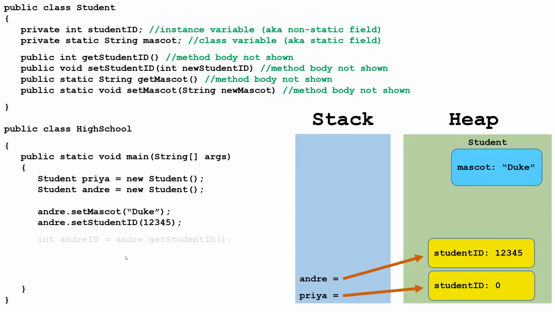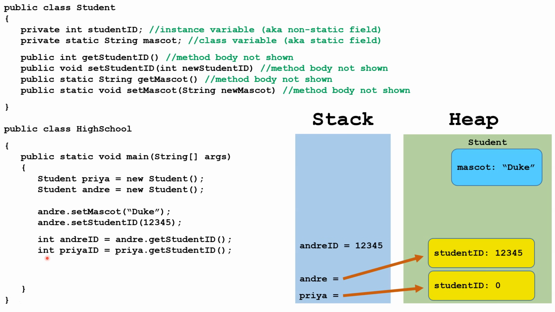Next, we're going to create a variable int andreID on the stack, and we're going to set it equal to whatever gets returned when we call getStudentID from the object Andre is pointing at. So Andre is pointing at an object with a value of 1, 2, 3, 4, 5 for student ID. So we're going to end up setting andreID equal to 1, 2, 3, 4, 5.